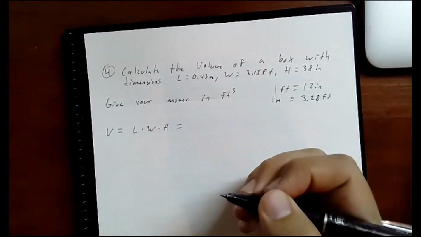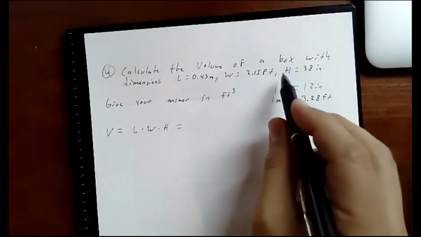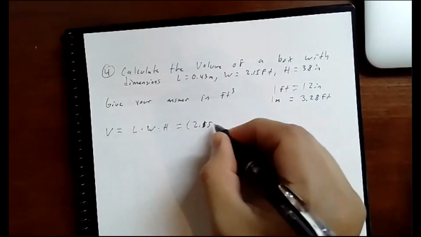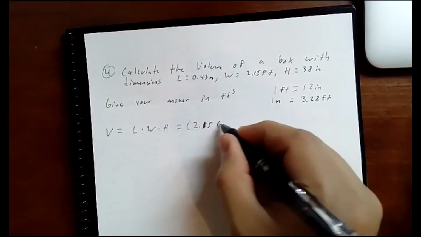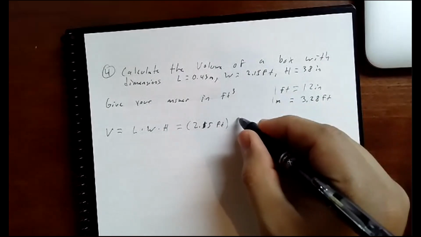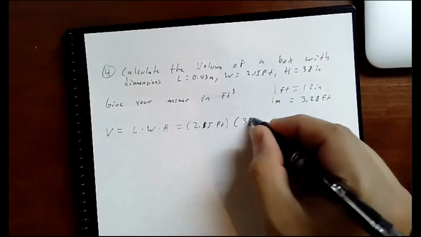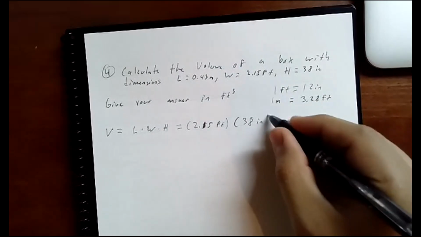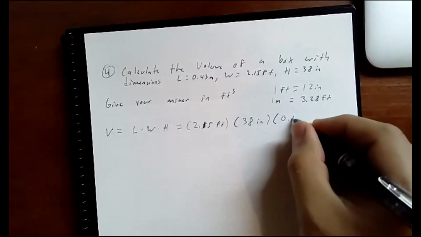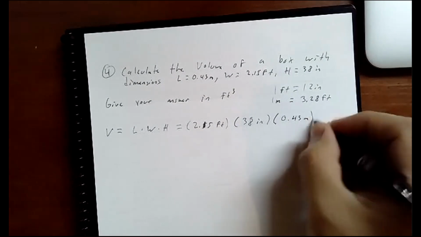So I'm going to put the width first, because I'm not going to mess with that. Feet. And I'm going to put the inches next, no real reason. And the meters last. So I want to cancel that first.